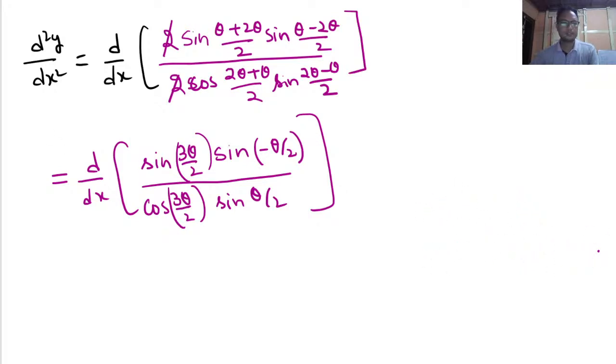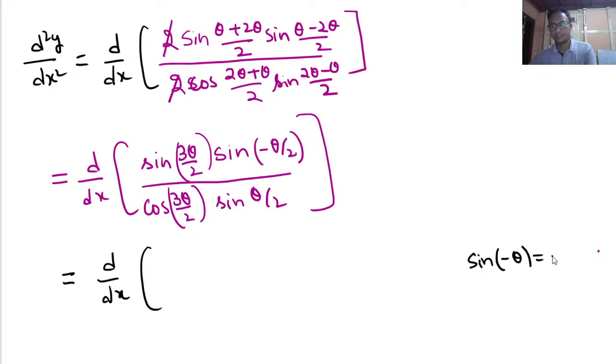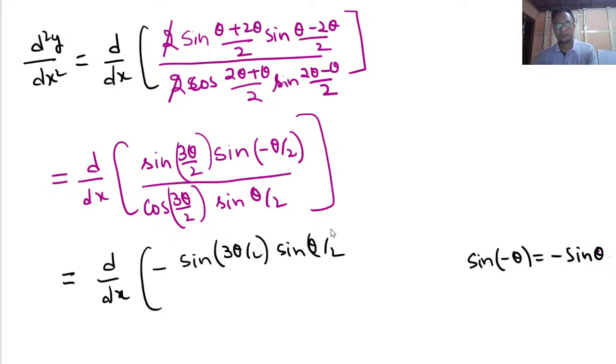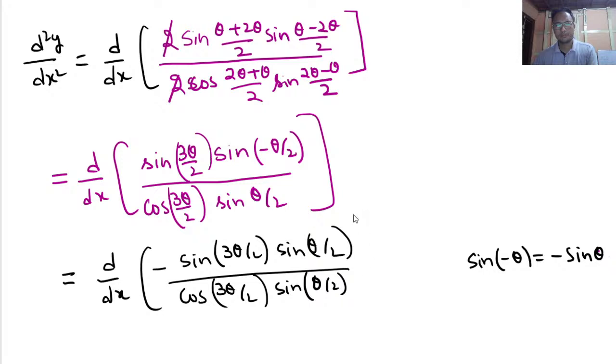After that, sine of minus theta is minus of sine theta. So we are having minus sine of 3 theta by 2 into sine of theta by 2, divided by cos 3 theta by 2 into sine theta by 2.